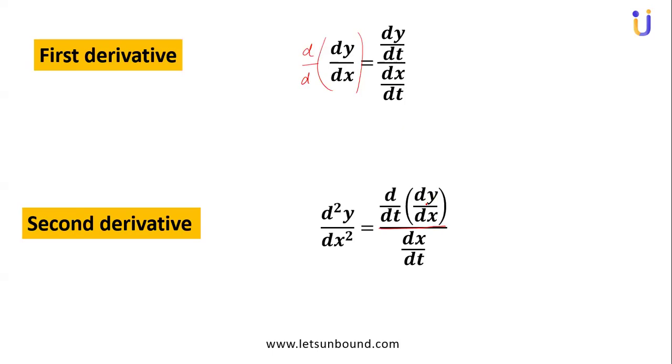You do the differentiation of d by dt into dy by dx. That will give you the second derivative. The denominator stays the same, and d by dt of dy by dx we already calculated, right? So just memorize this.